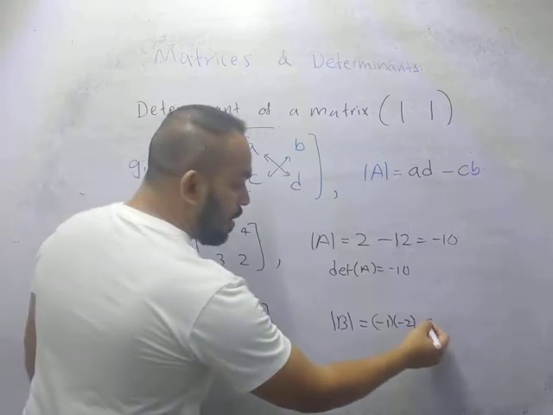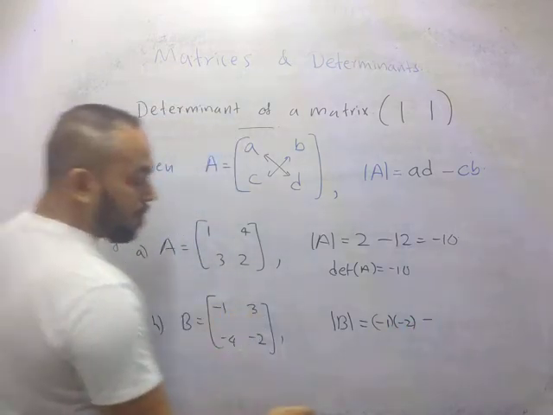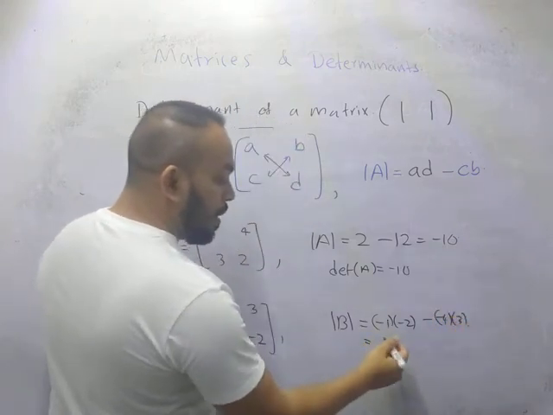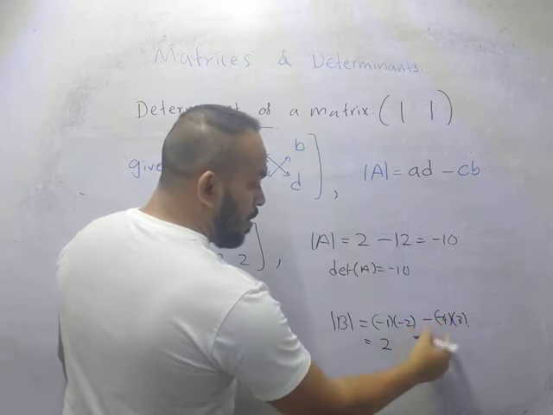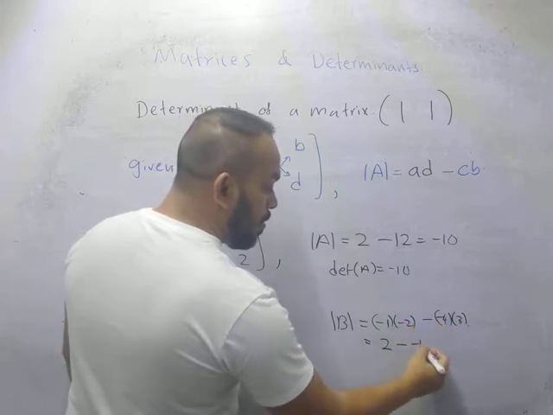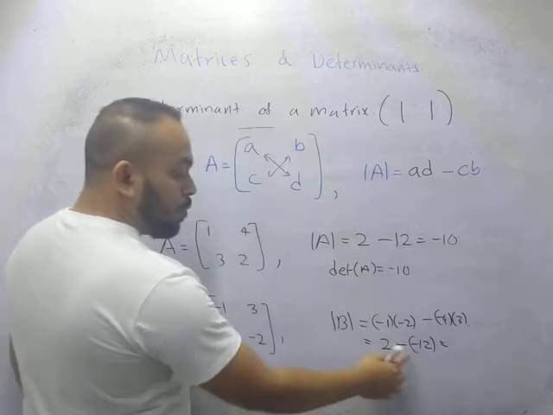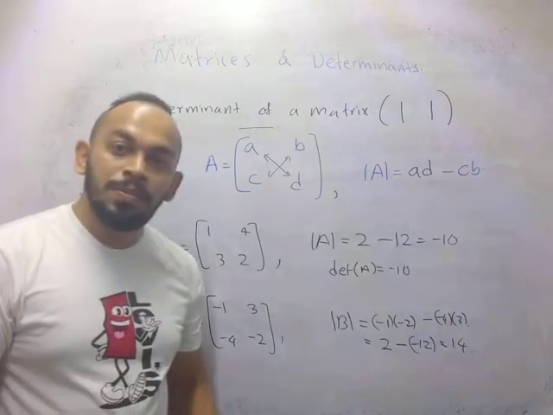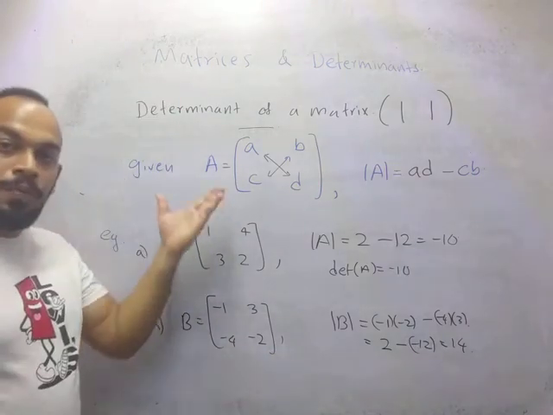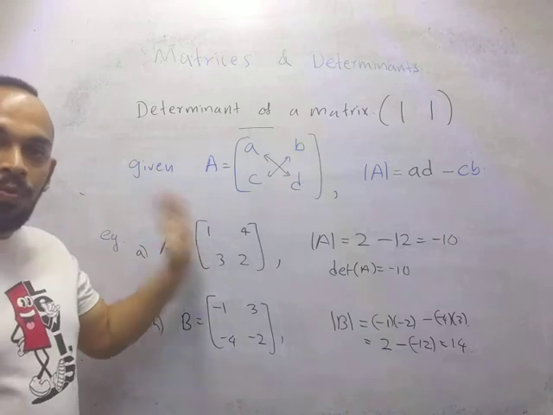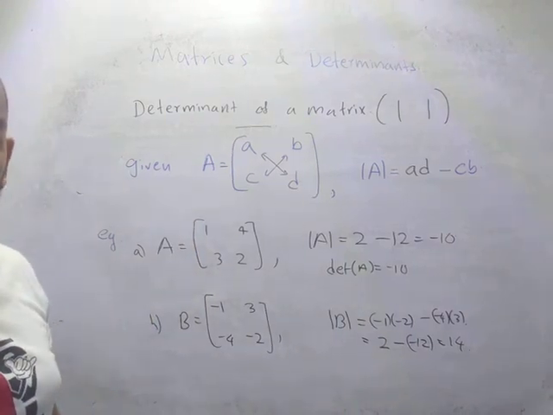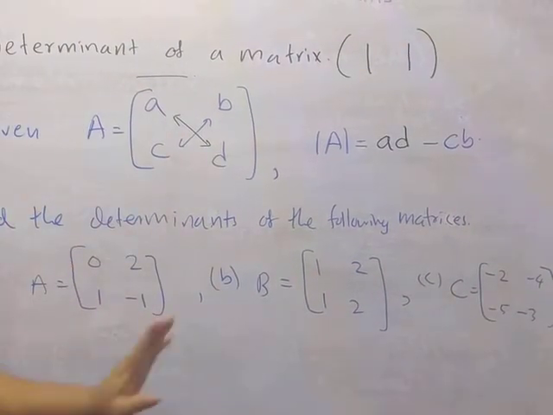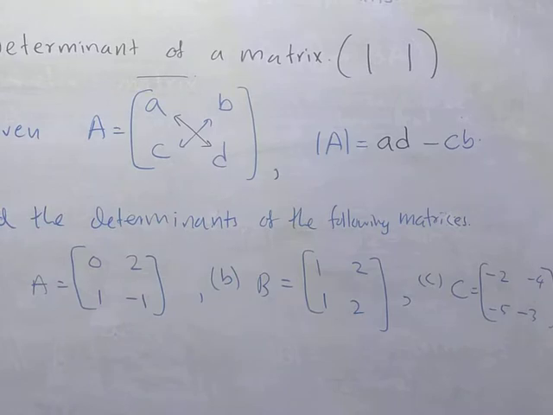Then put a minus sign: minus 4 into plus 3, that is minus 12. So it is 2 plus 12, and the answer is 14. See how easy this is? It's very easy. I will give you some exercises. Find the determinant of these 3 matrices and see what happens.